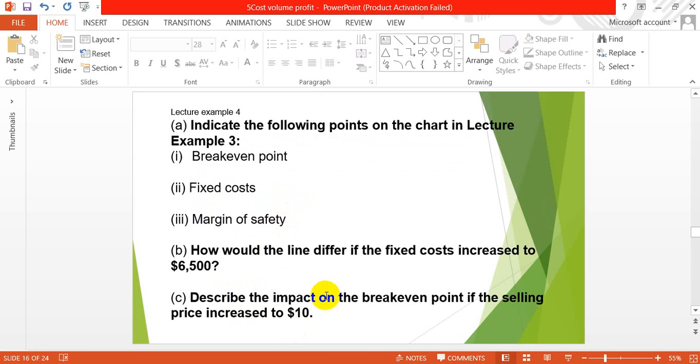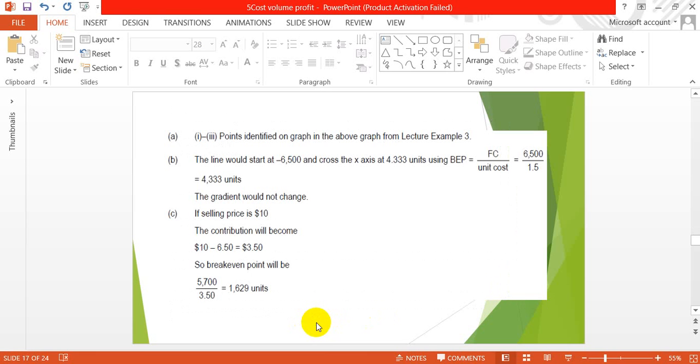Next, describe the impact on the break-even point if the selling price increased to $10. So if the selling price increased to $10, it means our contribution will change. Earlier our contribution per unit was 1.5.